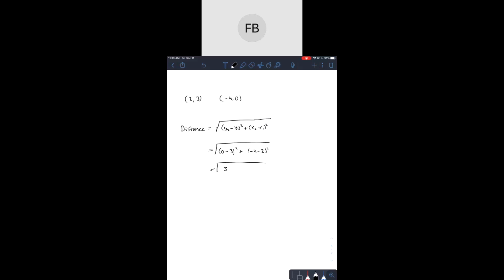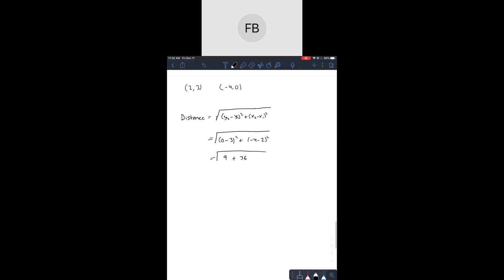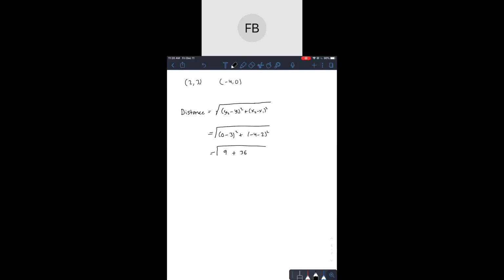So it's -3 times -3, and a negative times a negative is a positive. So this is +9. And then we have -6 from -4 minus 2. So that's -6, and -6 squared is just going to be +36. And then from here, we just add those together, so that gets the square root of 45.